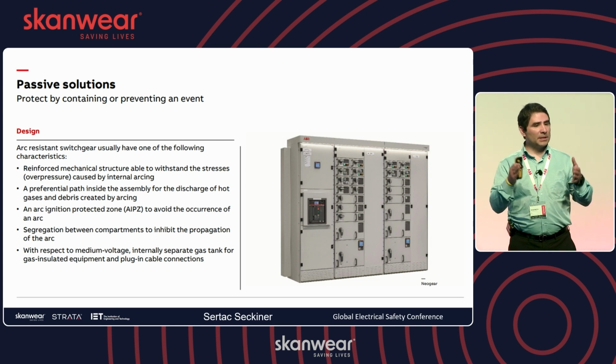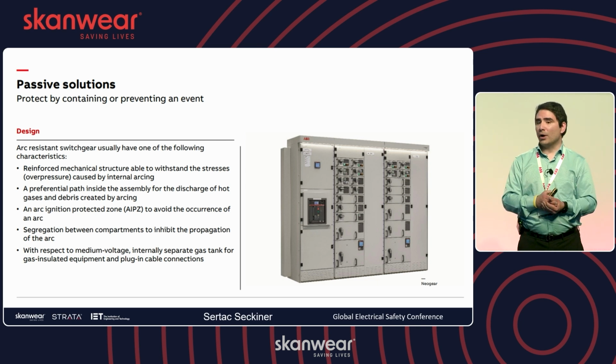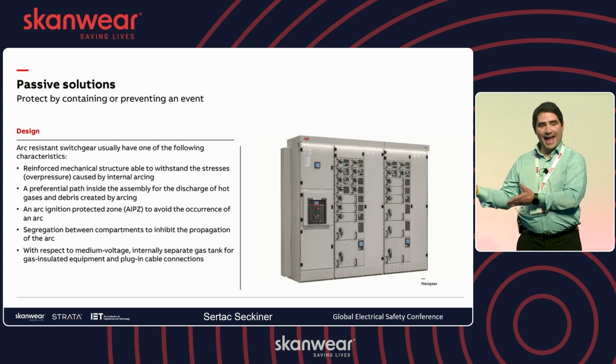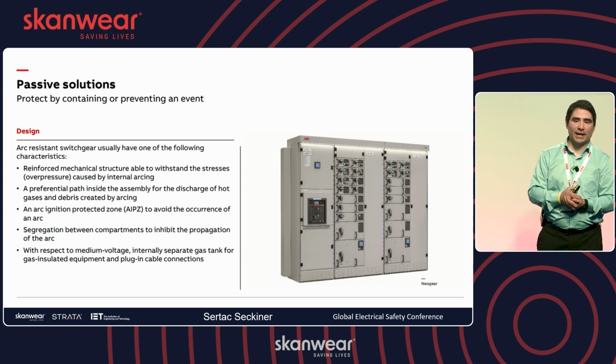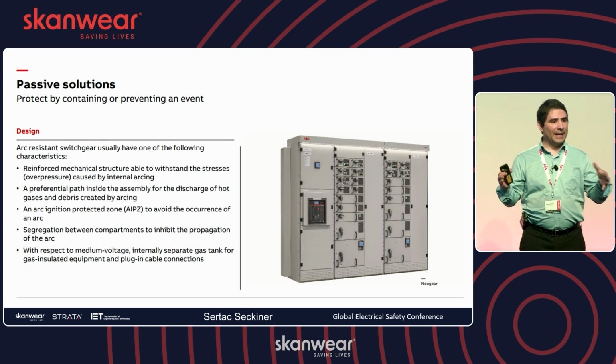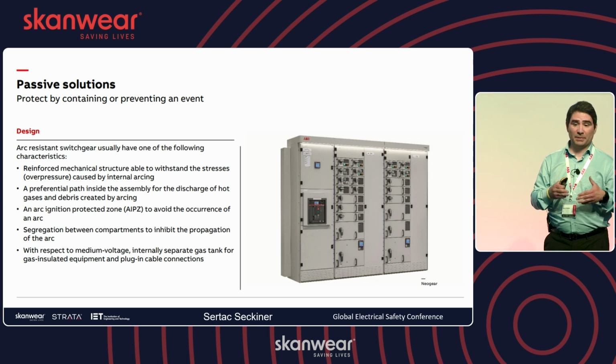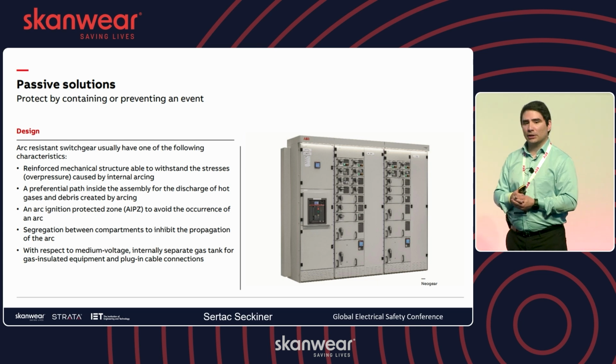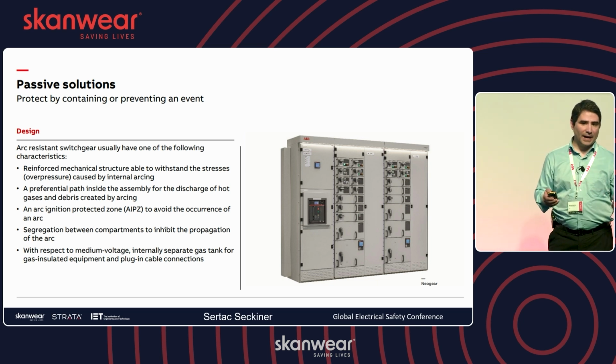You can have segmentation in the switchgear, or in the end, you can also use GIS, gas insulated switchgear, which will suppress any potential arc flash to avoid any potential impact to staff and the equipment.